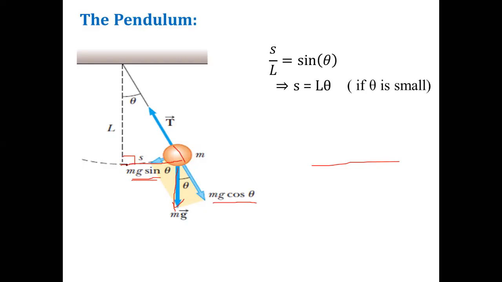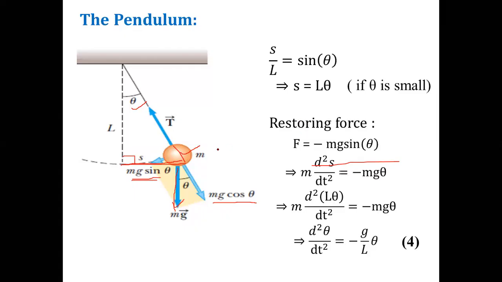Now, in that case, this distance, denoted by S over L, would be equal to sin theta. And if we haven't moved this object very far, that means theta is going to be small. If theta is small, then you can approximate sin theta with theta, and you can say that S will be equal to L theta.